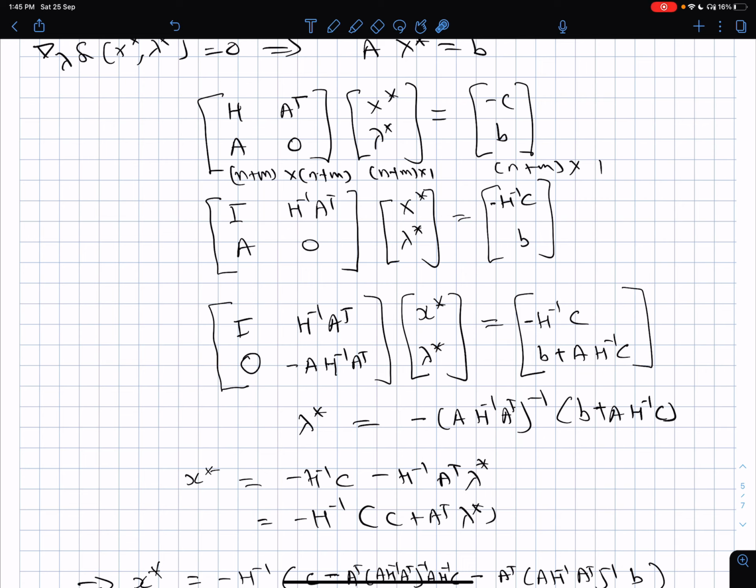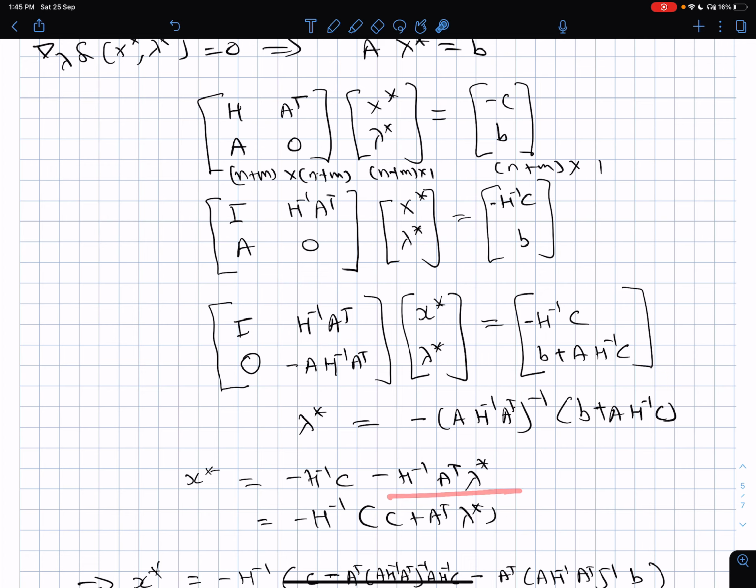Now once you have got the lambda star, plug it back in the first set of equations. So what we are doing is forward substitution, backward substitution. So the backward substitution step over the upper triangular matrix is what we are doing, and you can write x star as minus of H inverse c plus A transpose lambda star taken to the other side.